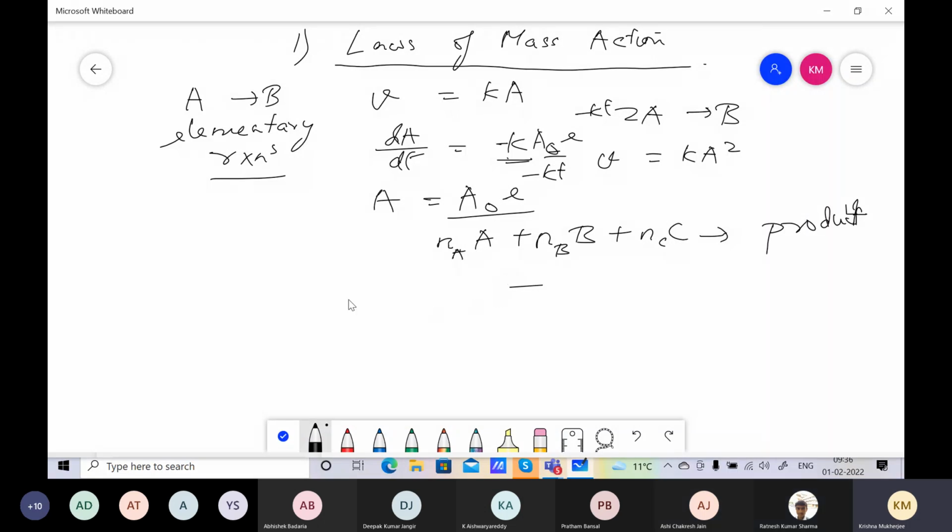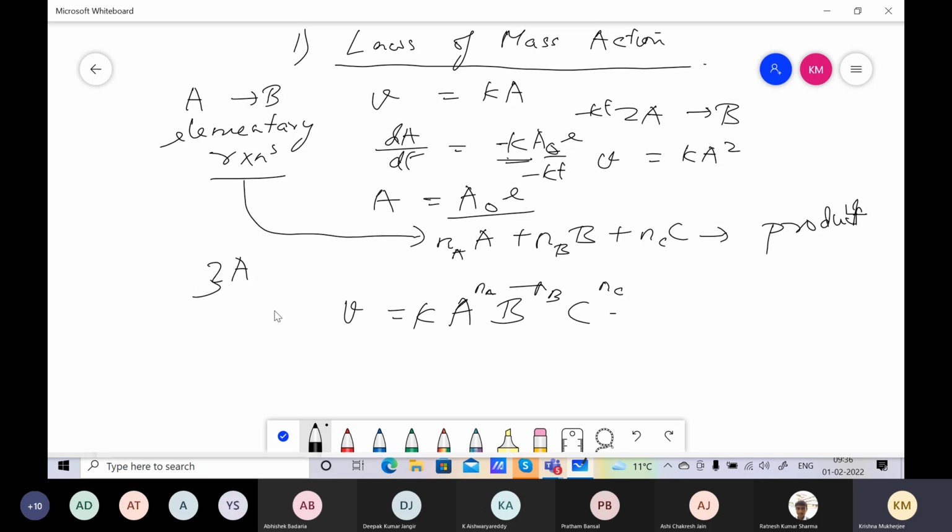Yeah. And then the velocity simply becomes equal to K, A raised to NA, B raised to NB, C raised to NC, and so on and so forth. Depending on, suppose it's 3, then we'll be taking 3 of these. You're familiar with this stuff, right? This is essential mass action kinetics when these are the elementary reactions.